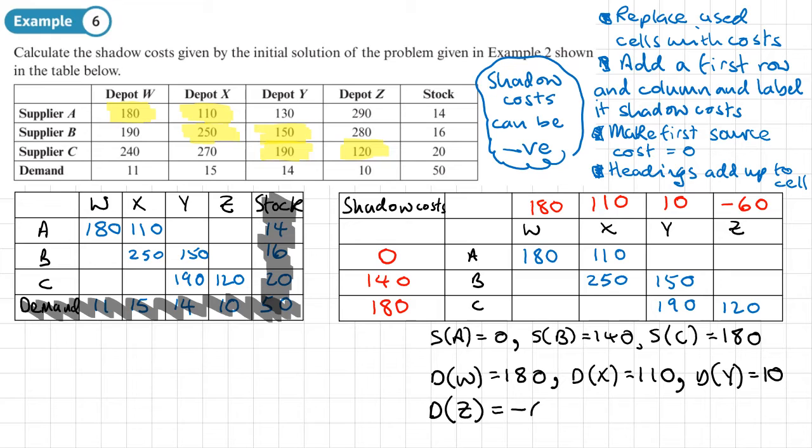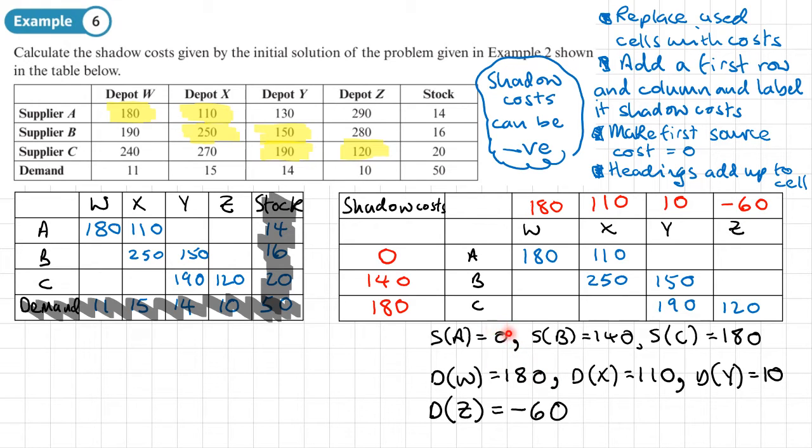Now you might say, well, how can a cost be minus 60? These are the costs relative to each other. So this basically means this cost here is 60 less than the others. So these show how they relate to each other. The actual cost may be higher than this.